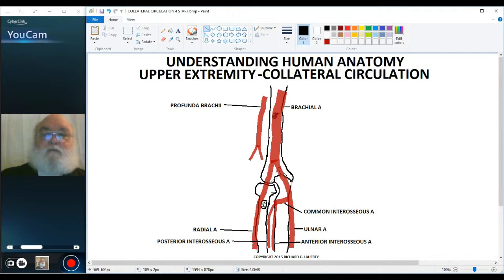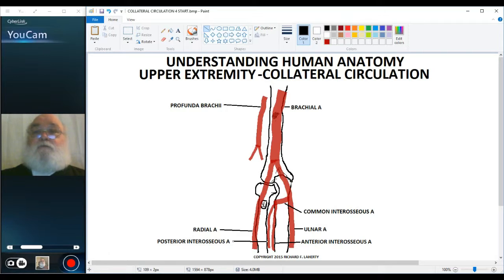And remember, even though they look like they're side by side to each other here, the anterior interosseous is on the anterior surface of the interosseous membrane, and the posterior interosseous is on the posterior surface.